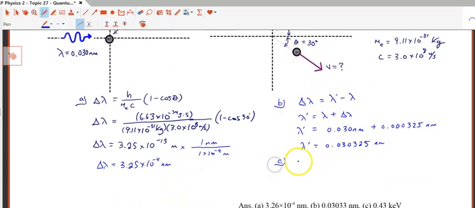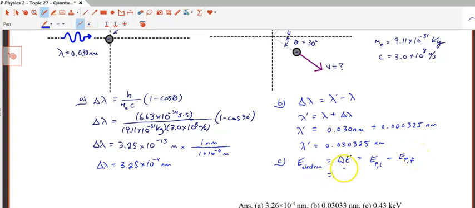So for part C, the kinetic energy of the electron, or I guess you could just call it E of the electron, but it is basically kinetic energy, is equal to the change in energy of the photons, which is basically the energy of the photon initially minus the energy of the reflected photon finally.